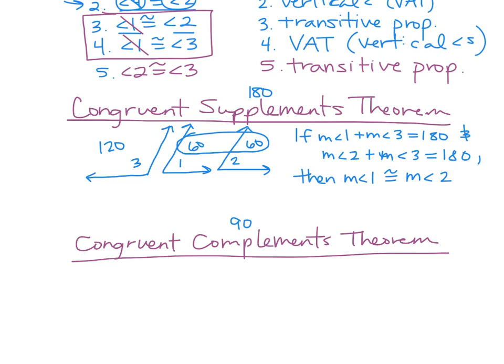Congruent complements theorem says the same thing, but instead of 180s, you have 90s. Okay, so basically you're just rewriting this with 90 and 90 in place of the 180, right?